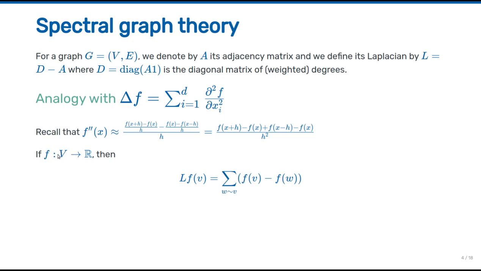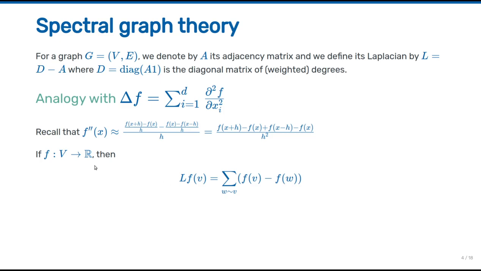And if you take a function f from the vertices of the graph to the reals, then you can check that L, the Laplacian operator applied to this function, is simply given by this formula: the sum over all vertices w which are neighbors of v in G, this is this notation, of the difference between f(v) and f(w). So if the graph is a line, you recover exactly the numerator here.